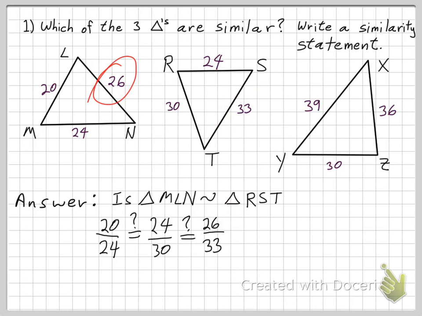So if those ratios are equal to each other, then we have similar triangles. If they are not, then they are not similar triangles. When you reduce these into lowest terms, you have 20 over 24, which equals 5/6, 24 over 30, which is 4/5, and 26 over 33, which is in lowest terms 26 over 33. As you can see, these values are not equal to each other, so no, those triangles are not similar.